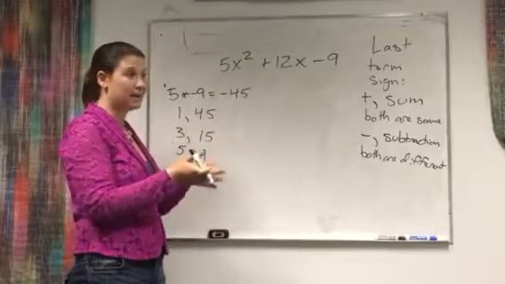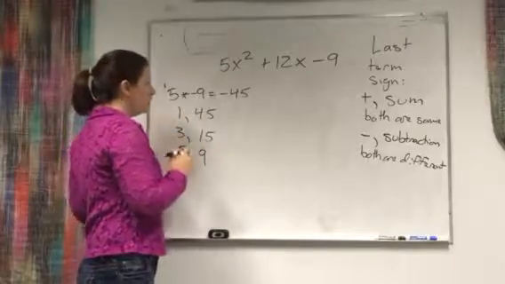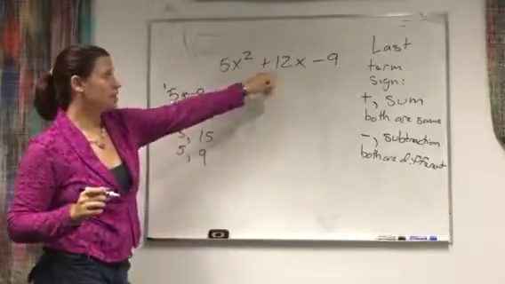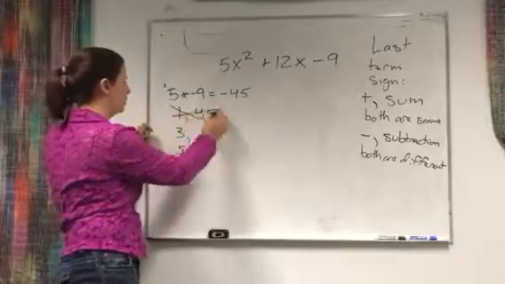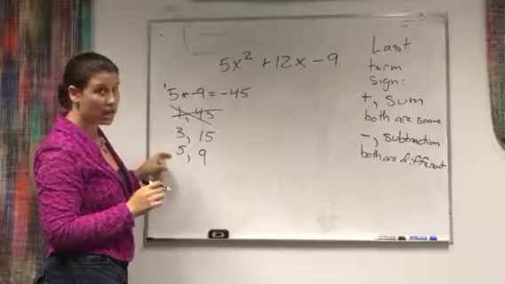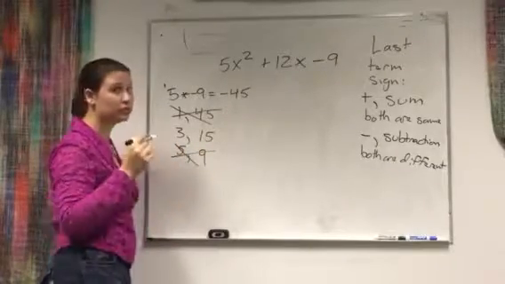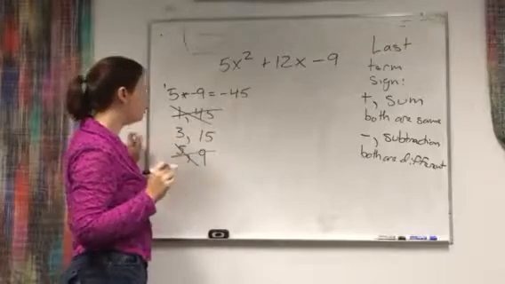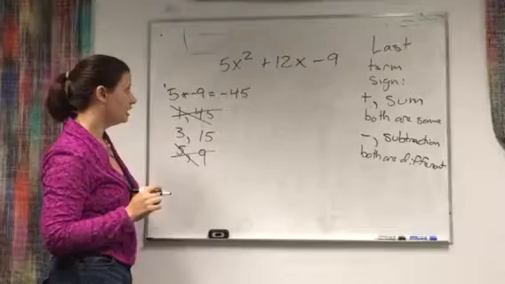So the only way to combine those numbers, right, is if you get a difference of them. So we want a difference of 12. Well, 1 and 45 does not work. 3 and 15 does work, right? 5 and 9 does not work. Okay, because remember we're looking for a difference. So we need to end up with positive 12.